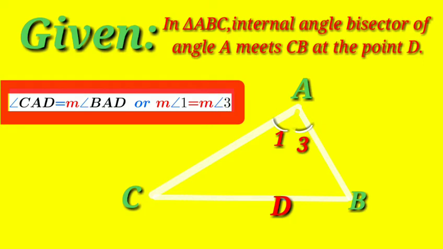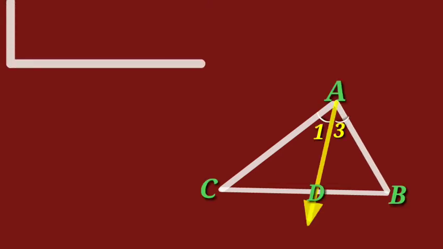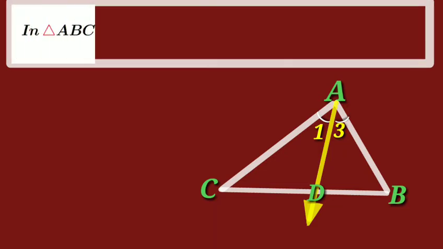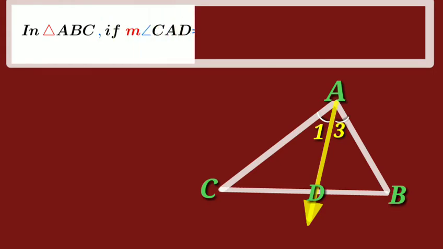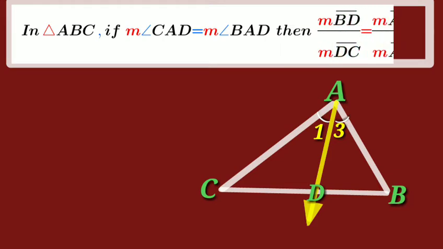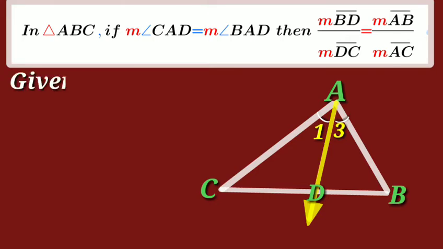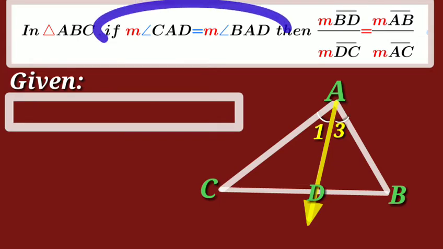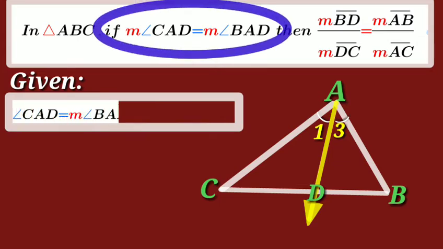According to the theorem statement, we can easily find out the given and prove it with the help of this equation. In triangle ABC, if angle CAD is equal to angle BAD, then side BD divided by DC is equal to side AB divided by AC, where angle CAD is equal to angle BAD is the given.